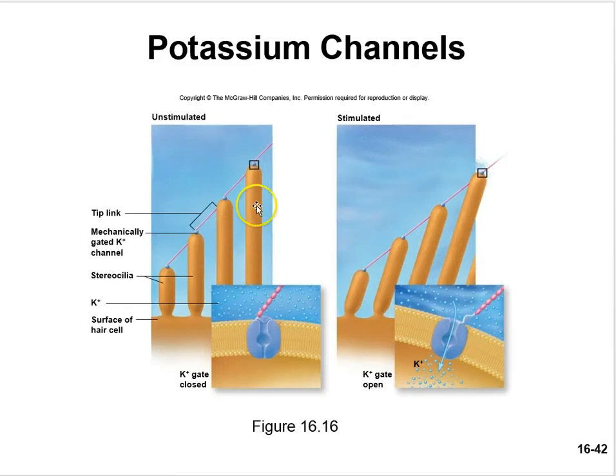As they move, in this picture, these are depicted as the cilia, or the hair-like structures. As they tip, this opens up channels and potassium floods in, and the action potential is generated. And then we hear sound, or it's interpreted by the central nervous system.